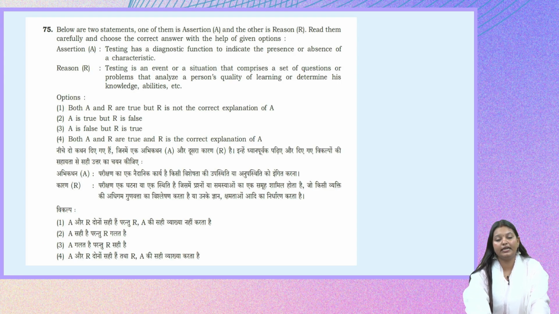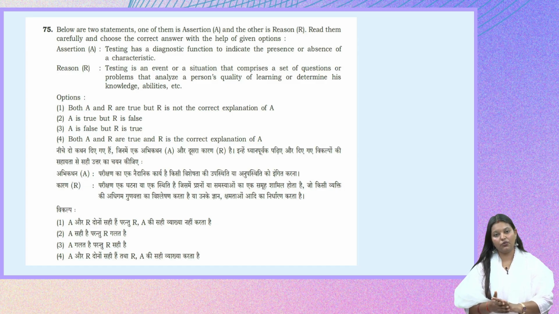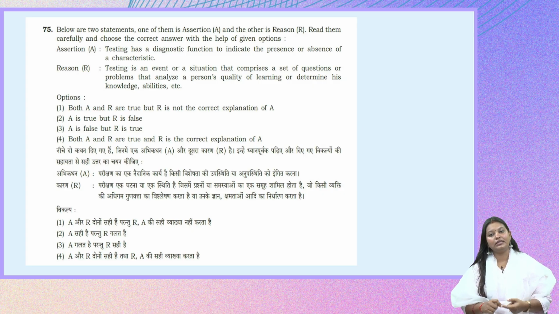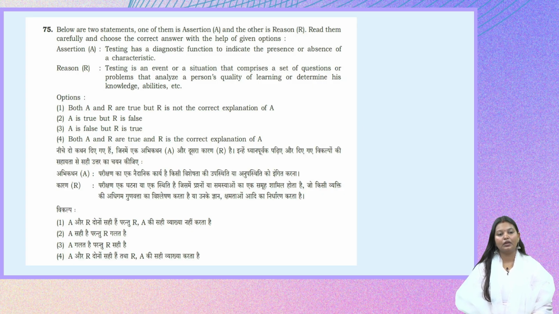Below are two statements. One of them is assertion and the other is reason. Read them carefully and choose the correct answer with the help of given options. The assertion given here is: testing has a diagnostic function to indicate the presence or absence of a characteristic.